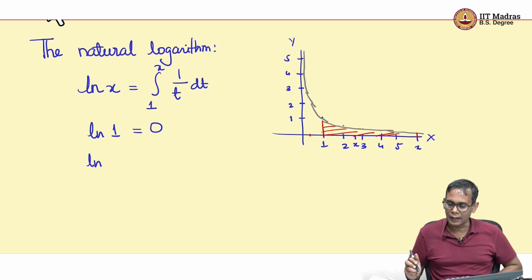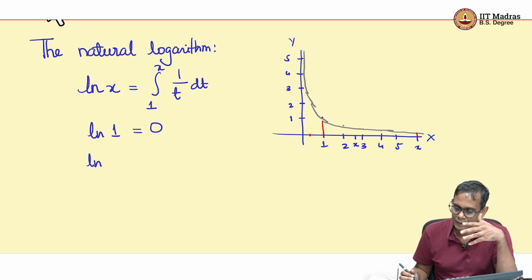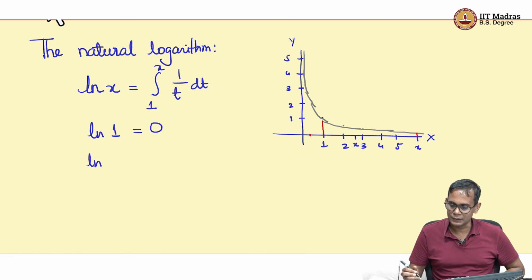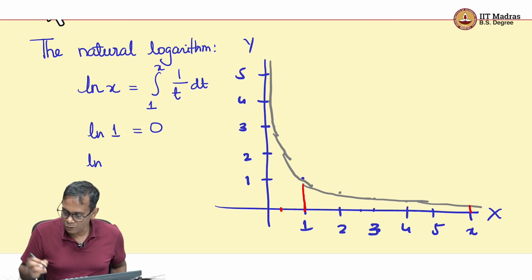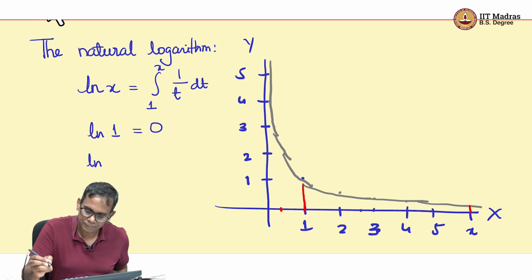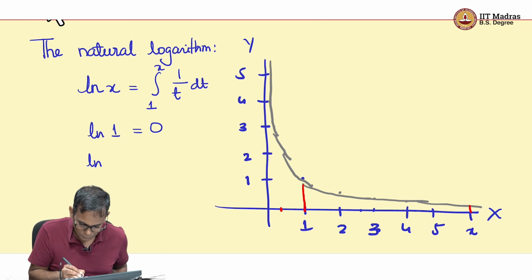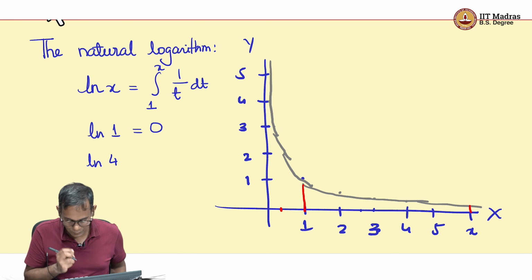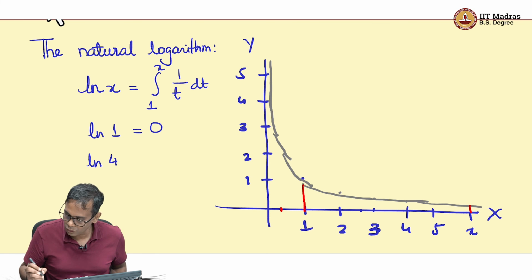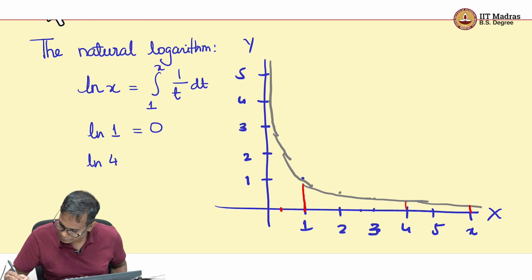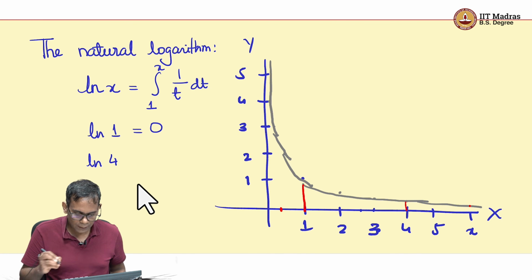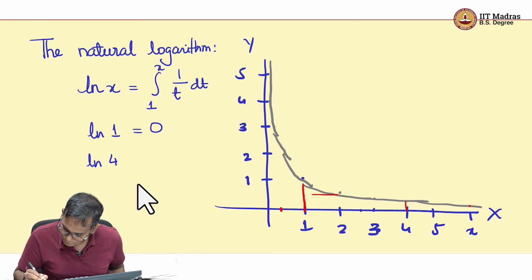So, let us use our idea of the Riemann integral, the area under the curve as approximated by segments. Suppose I want to compute log of 4. Let us try to find a lower bound for it. Log of 4 is the area under this curve between here and here. We could find a lower bound for this area by looking at the lower Riemann sum.